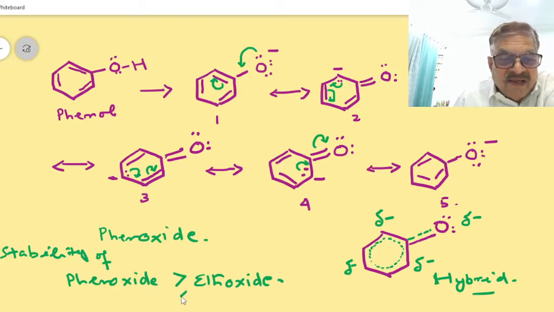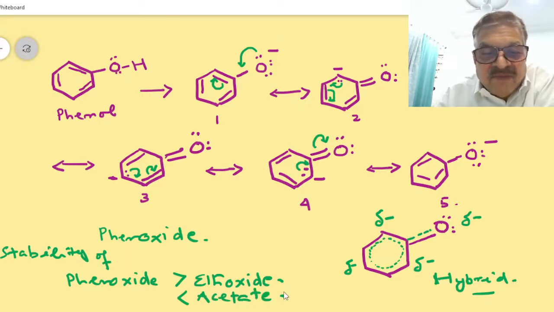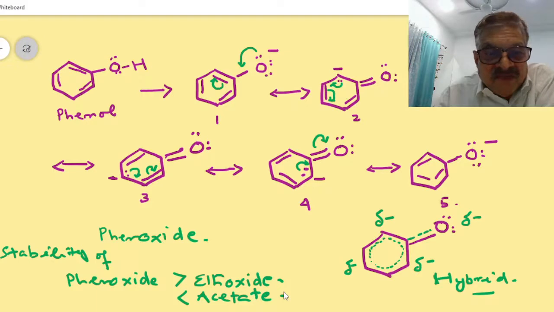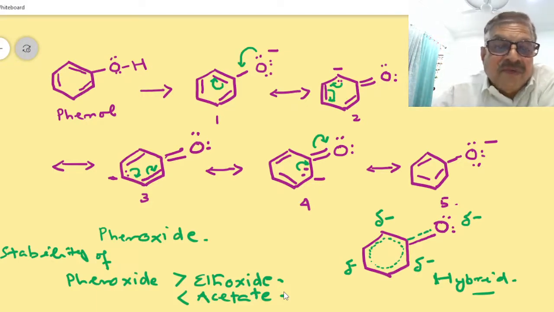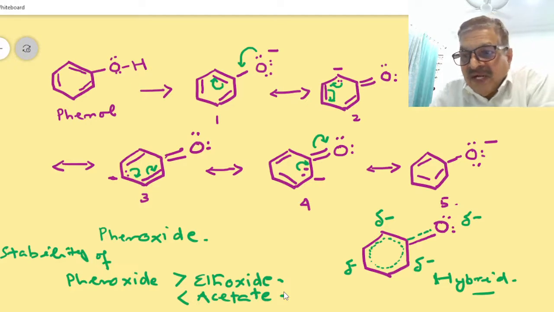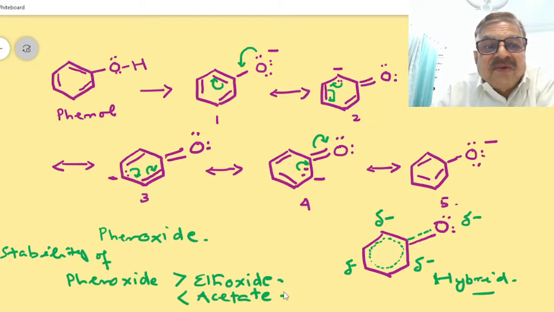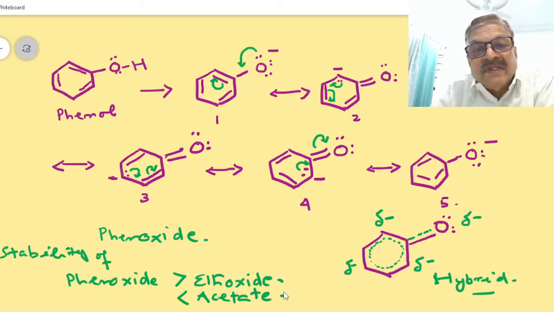Therefore the acetate anion is the most stable one here, resonance stabilized because of the presence of two electronegative oxygen atoms on which the negative charge is delocalized. Because of that, acetic acid is the strongest acid of the three.